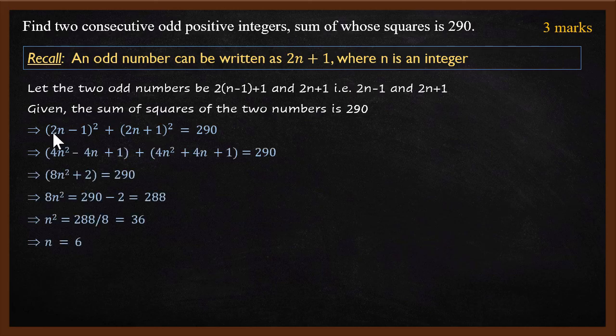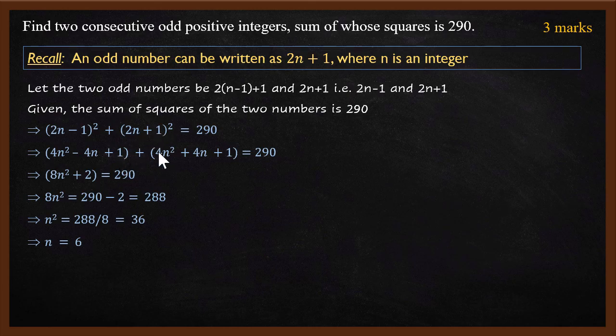Okay, so let's look at how to solve this now. We had 2n minus 1 whole square plus 2n plus 1 whole square equals 290. If you expand that, you get 4n square, that is 2n whole square, minus 4n, that is minus 2 times 2n times 1, and then plus 1, since minus 1 whole square is plus 1.